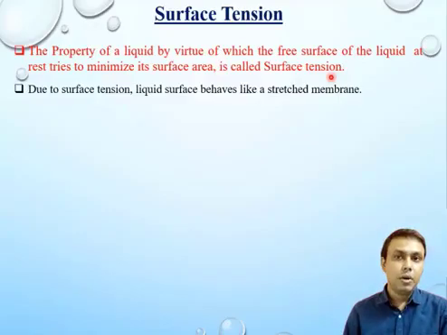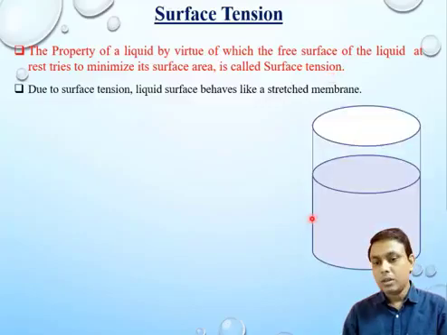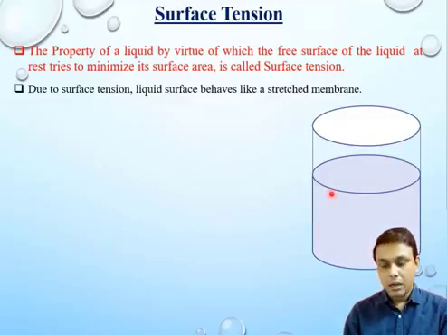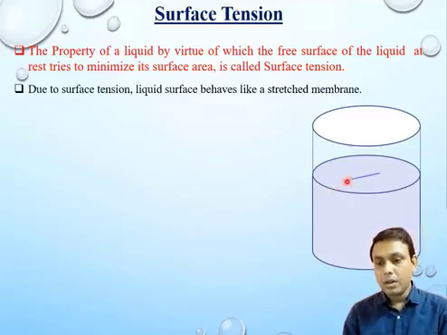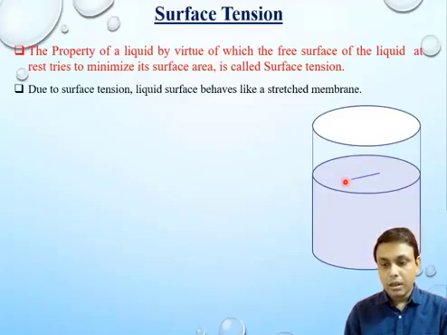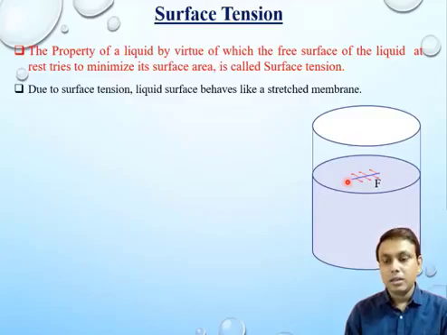Now we shall try to define surface tension in terms of force. This is a container which is containing some liquid. Now, if I consider an imaginary line on this liquid surface, then on both sides of this line, there will be some force acting. These forces are perpendicular to the line and tangential to the plane of the liquid.